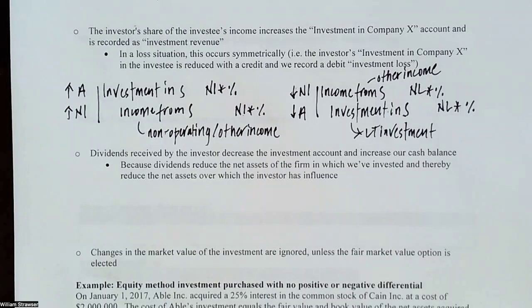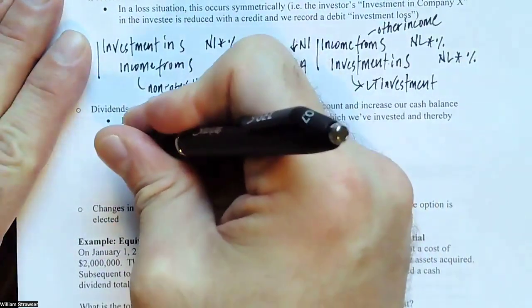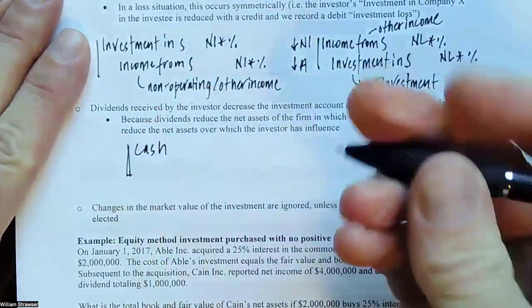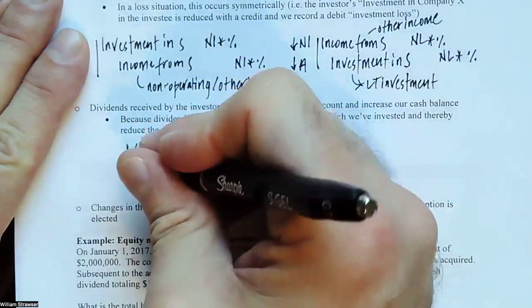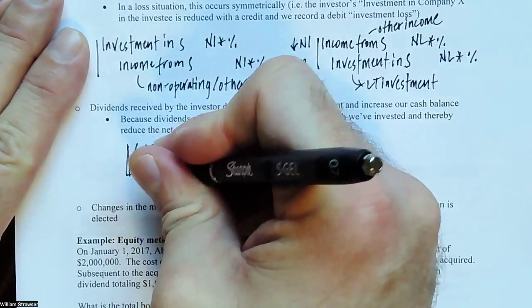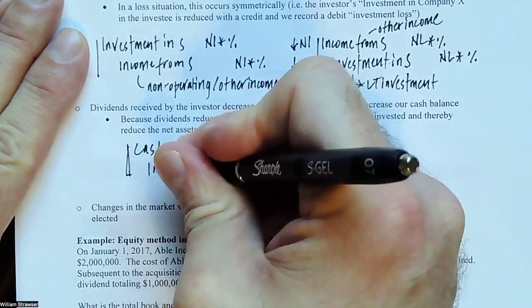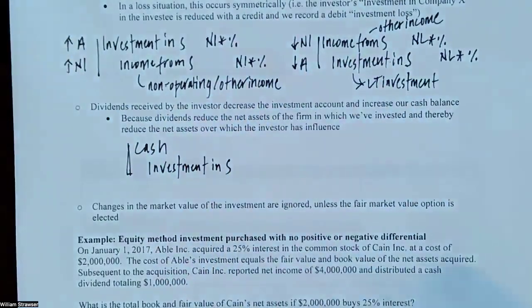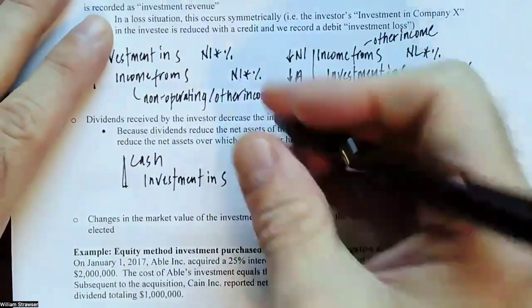I, as the investor, would, I'm just trying to emphasize the or versus the E. Our view as the investor is that we receive cash, but even while we're receiving cash from the dividends paid, we also recognize that this is a reduction to the net assets of our investee, and so that needs to credit the investment account. Since remember, our investment account is being tracked as movements in equity or net assets.